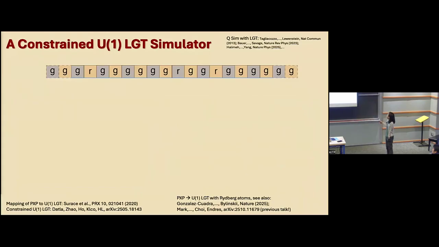There's been a lot of interest now in quantum simulation with these lattice gauge theories, and a lot of work pioneered by Federica's seminal paper on how you can map these Rydberg atom arrays onto a U1 lattice gauge theory. Daniel had already gone through this mapping in his talk, and so I'll go through the next bit a little bit faster.